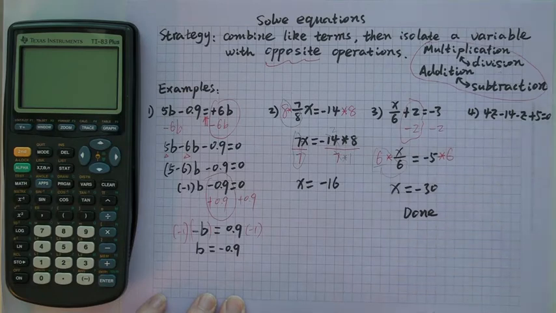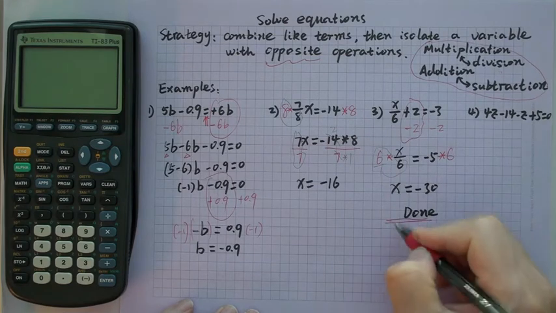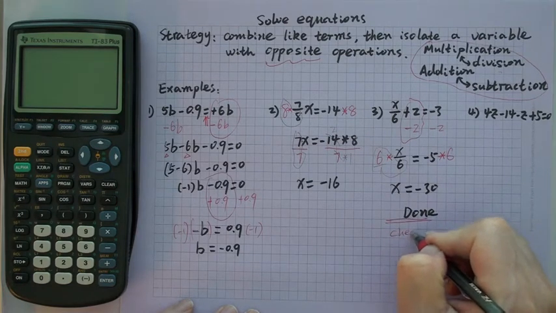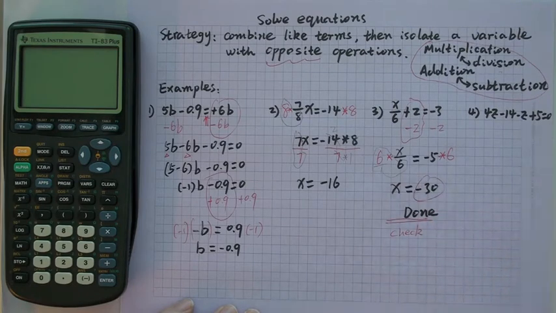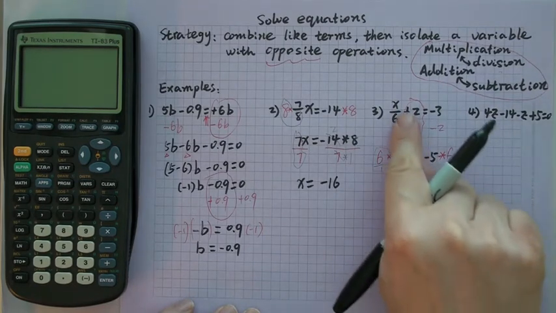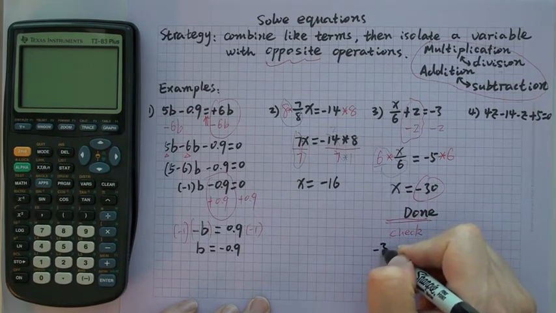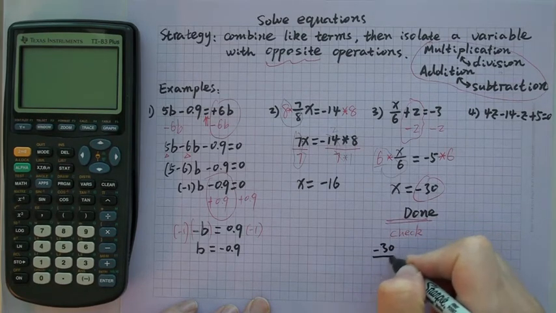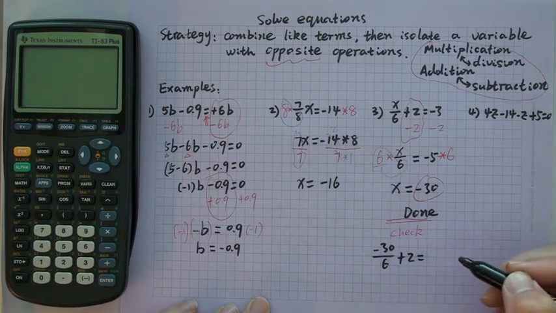But up to this point, let's check. You don't have to do more, but to see if this is really a solution, you can put it back to check. You see negative 30 divided by 6 plus 2 is what?